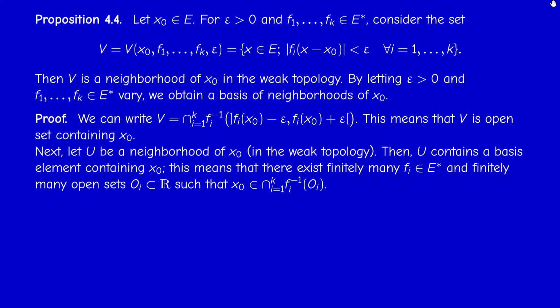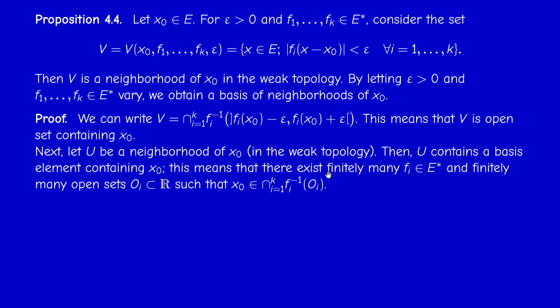So if U is an open neighborhood of x0, by definition of the weak topology, we have a formula, as you know. An element of the weak topology is an arbitrary union of a finite intersection, or equivalently, if x0 is in U, then there exists a basis element, which is a finite intersection of inverse images of open sets.